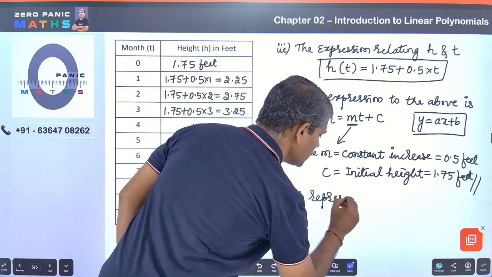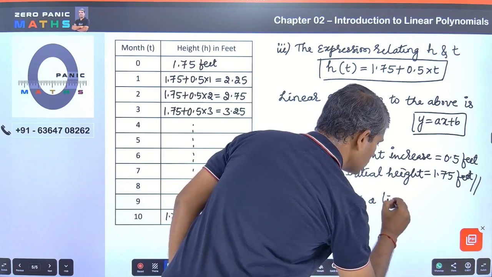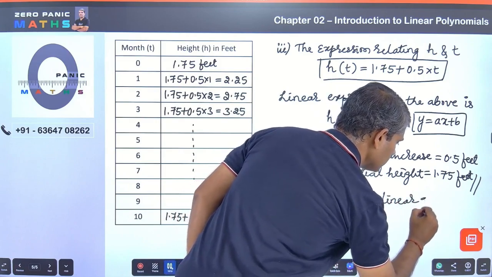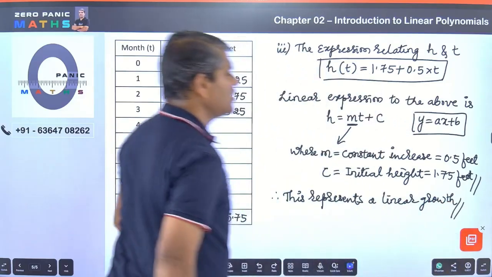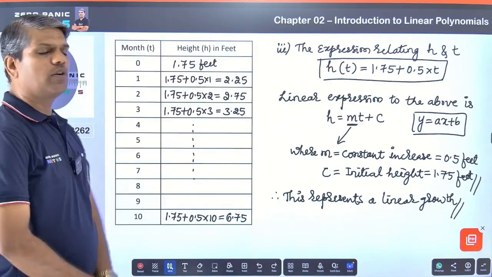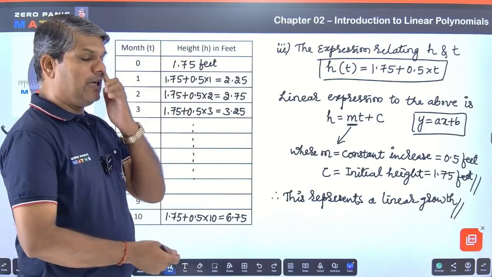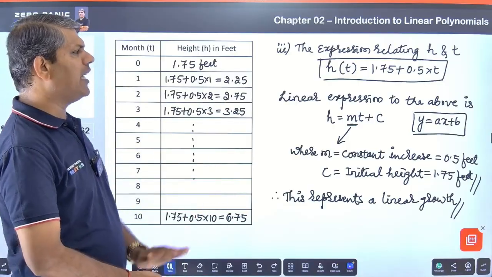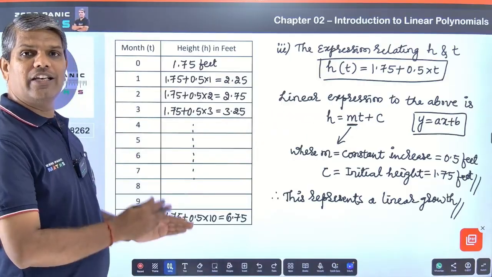This is the answer to this question. Okay, hope you understood this. We will get some more examples of the similar kind where we need to prove whether it is a linear growth or linear decay.